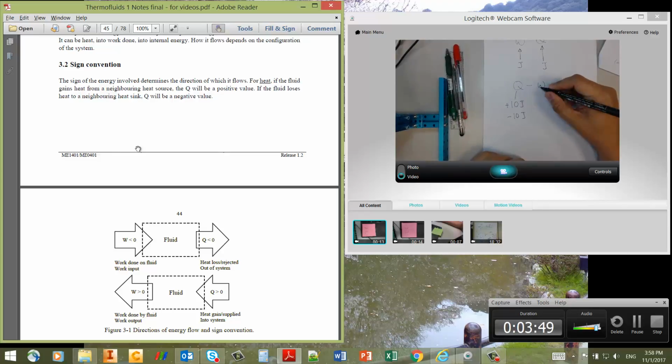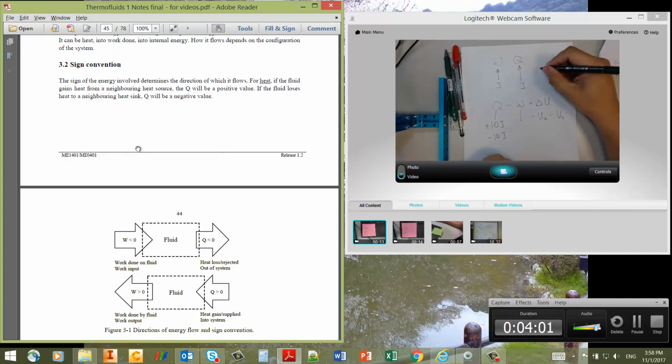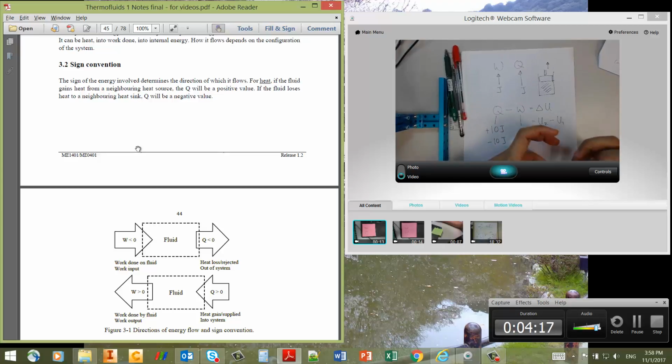For W, there is a very similar comparison. Work is positive when work is done by the fluid. In what kind of case is work done by the fluid? For example, you have a cylinder and piston, and the air inside is pushing the piston up because it gains heat or energy.